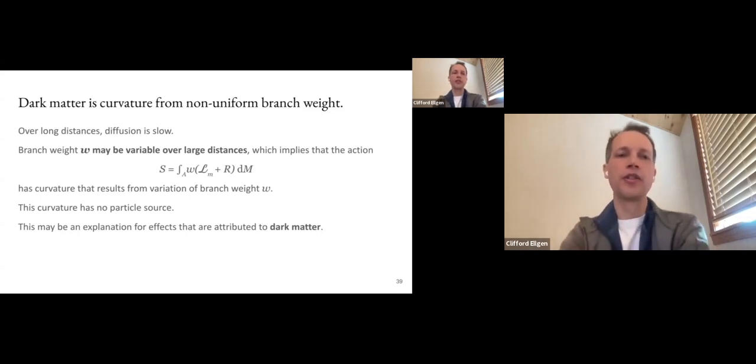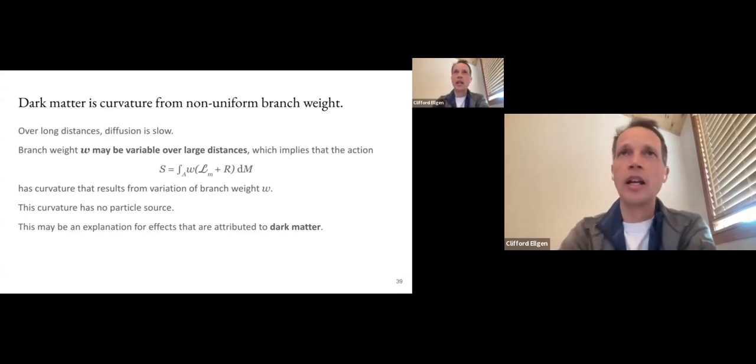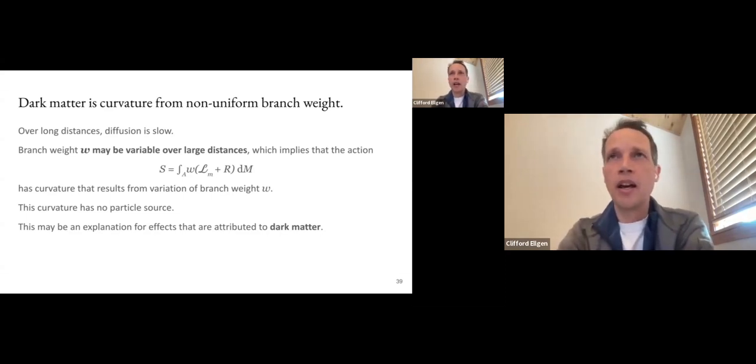over large distances, diffusion is a relatively slow process. And so if I look at a point in front of me, there might be 1 million branches that are splitting and recombining. But if I pick some other point in the Andromeda galaxy, it might be 1.1 million. And it might take a relatively long time for that branch weight to diffuse so that those values become equal, become approximately the same.